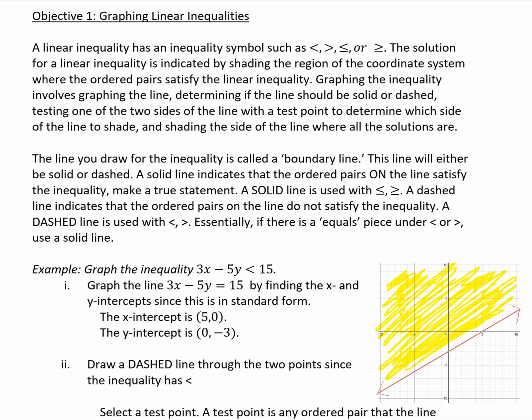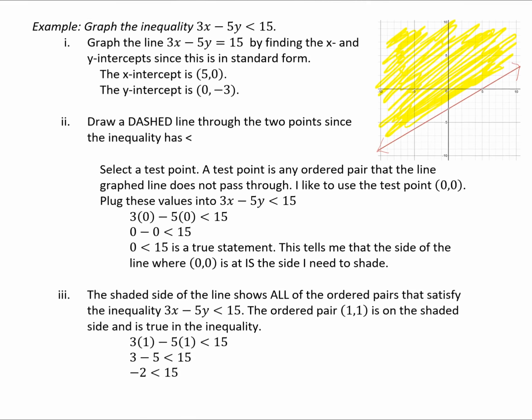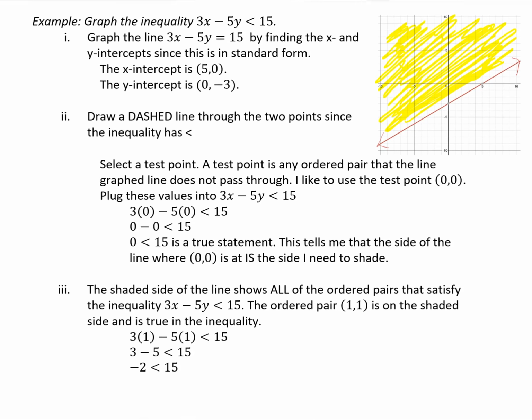Let's take a look at an example. This example says, graph the inequality 3x minus 5y is less than 15. So this particular inequality is in standard form. Because it's in standard form, it's rather quick to find the x-intercept and then the y-intercept.